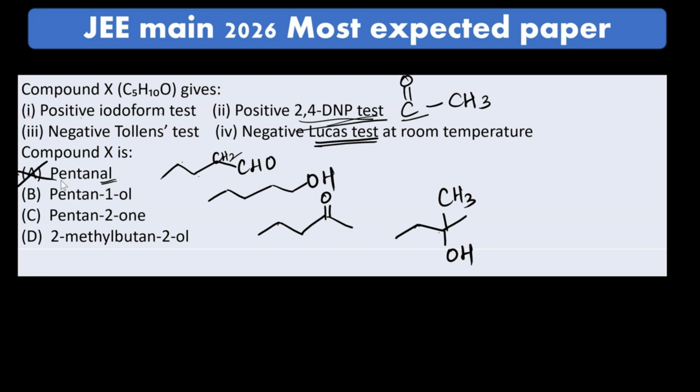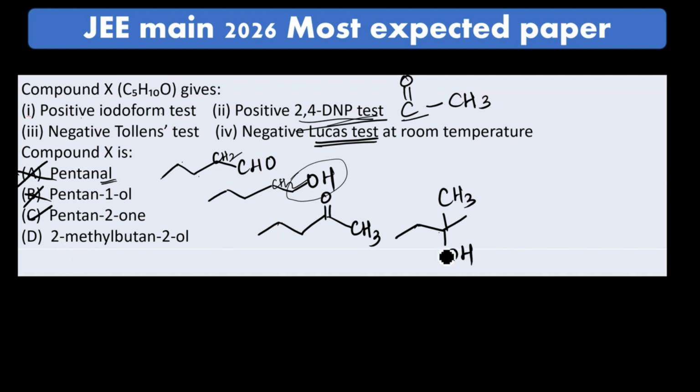Then next one is pentan-1-ol. That also, will that give positive to iodoform test? No. If this becomes the carbonyl group, then I have CH2 over here. So definitely not. And 2-pentanone, here I have CH3. Okay. Will that give negative to Lucas test? Yes, that is ketone. Yes, negative to Tollens, and positive to iodoform and positive to DNP. So which makes C as your answer.